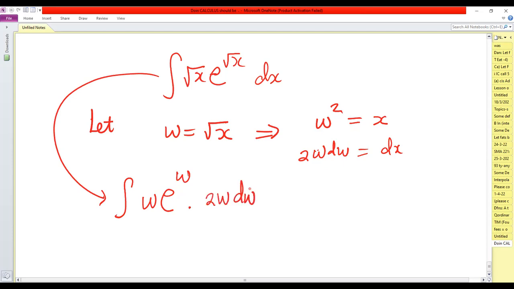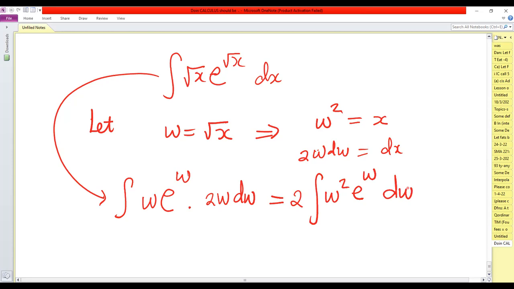Now you see by that transformation, we have put every variable in the integral in terms of w, the new variable. So I can factor out the constant 2. Then I have the integral of w times w is w squared, and then e raised power w, and then dw.